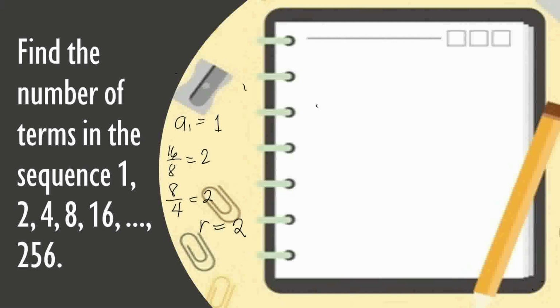Using our formula, a sub n is equal to a sub 1 r raised to n minus 1. So, sub lang natin yung mga given natin. A sub n is equal to 1 times yung r natin, which is equal to 2 raised to n minus 1.